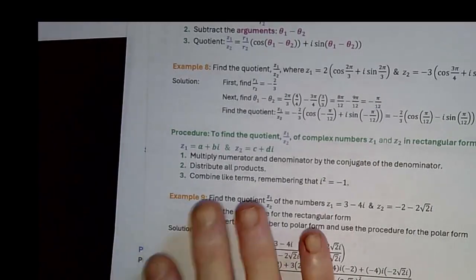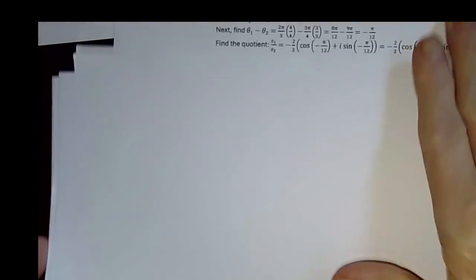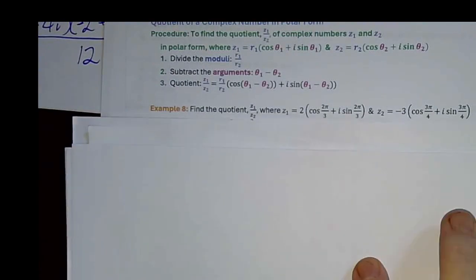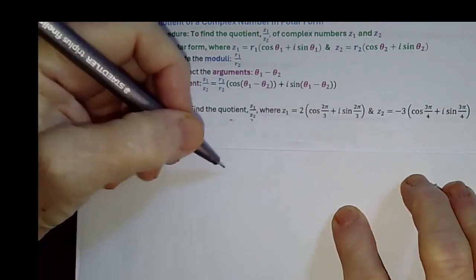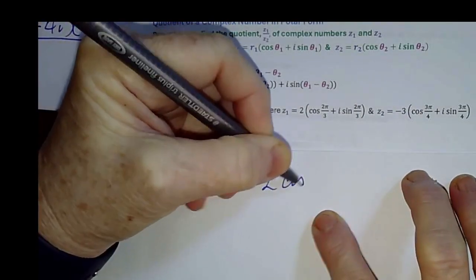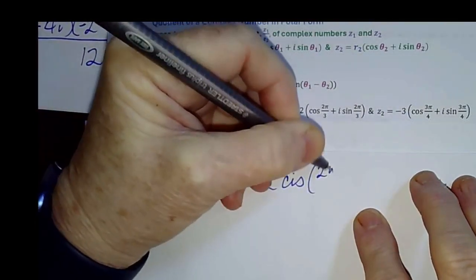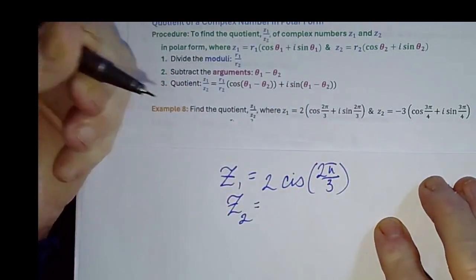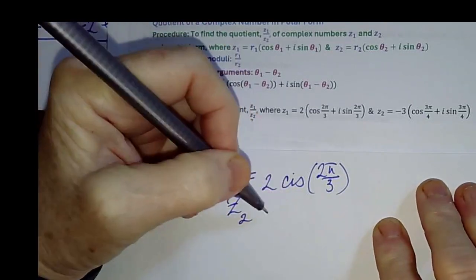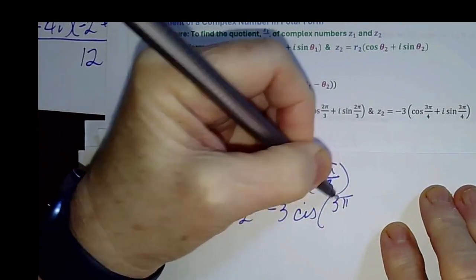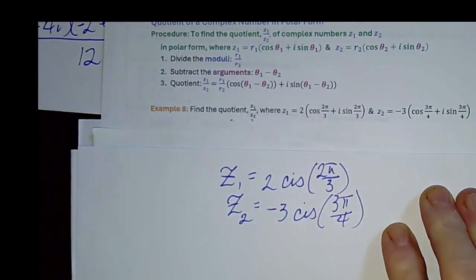Well, so let's do the example. So we want to find the quotient of z1 is 2 cis 2 pi over 3. z2 is negative 3 cis 3 pi over 4.